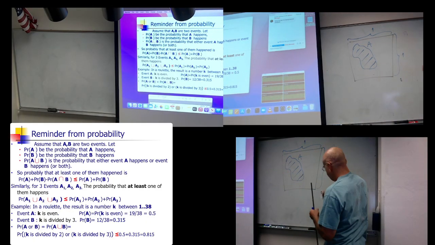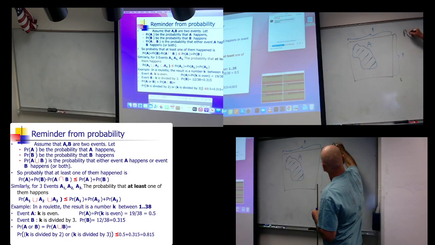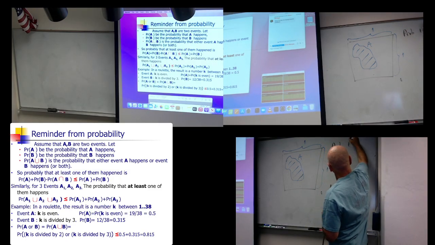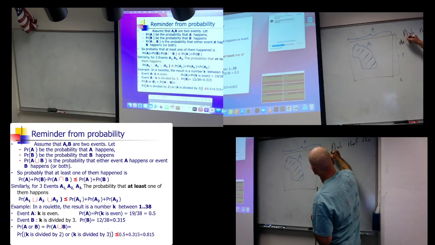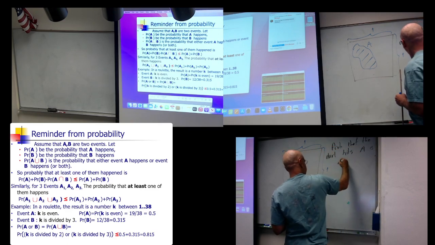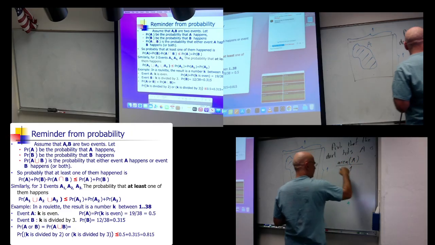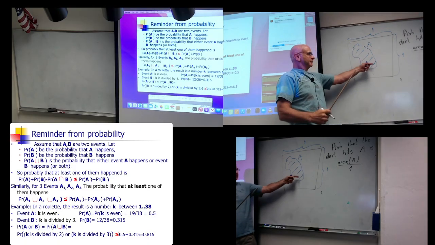The probability that the dart hits A is just the area of A divided by 1.